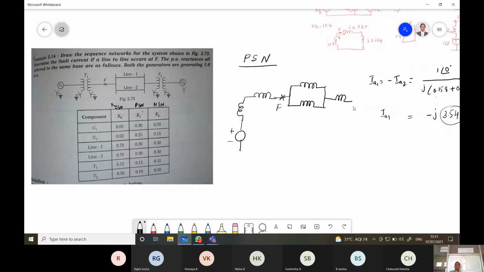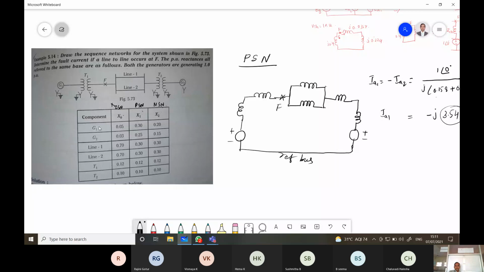Transformer T2 and generator 2. Reference bus. So write the values for all of the positive sequence network.